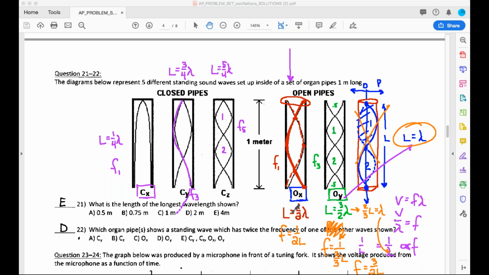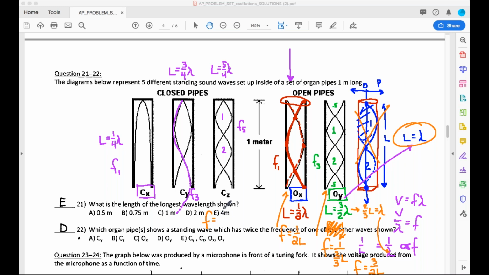So anyway, we can see that the frequency of O subscript X is 1/3 the frequency of O subscript Y. So we're not done. We're going to just kind of keep going through this. And so I get frequency is proportional to 1 over lambda.